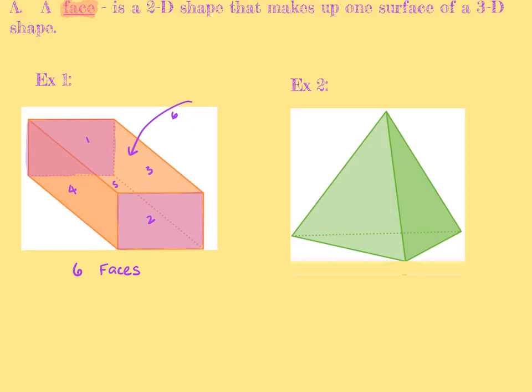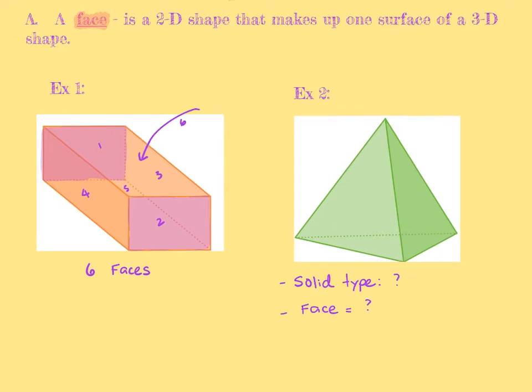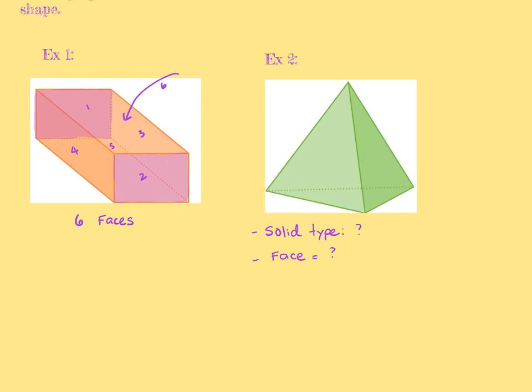So you have to name what kind of solid that is and then how many faces it has. So solid type or category. So name it without looking at your previous notes if possible. And then secondly, how many faces? Okay, so see if you can answer those questions, and you can pause the video now.